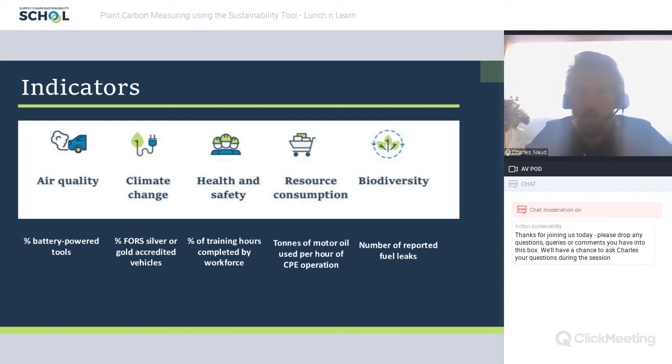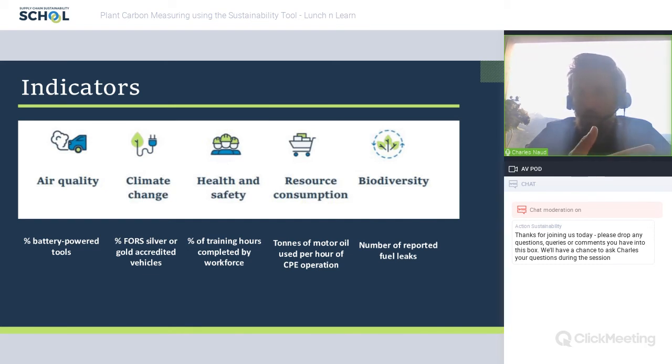So if we look at air quality, you could think about, well, how am I trying to avoid using petrol generated or diesel generated equipment, and maybe look at the percentage of battery powered tools. In terms of climate change, you could look at your percentage of vehicles that are FORS accredited, for example, and then how many are silver or gold.